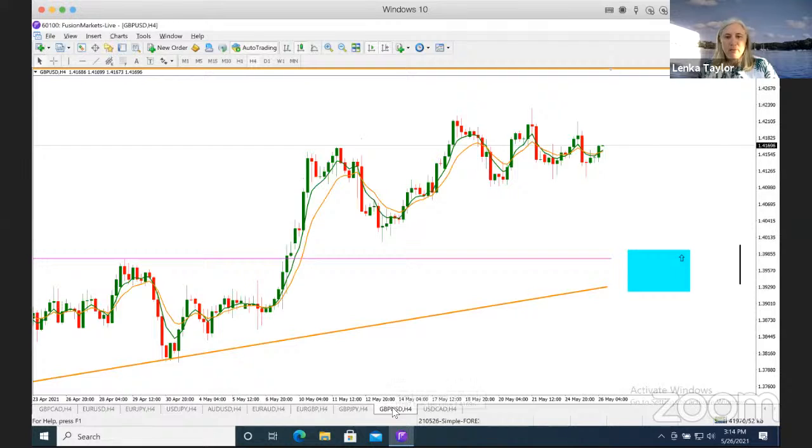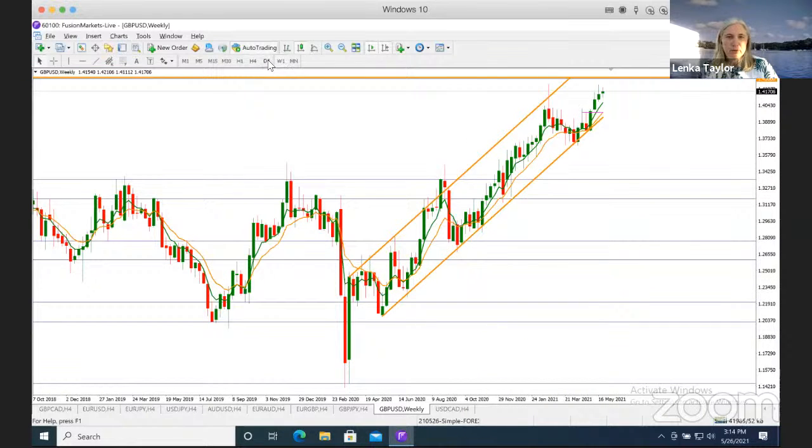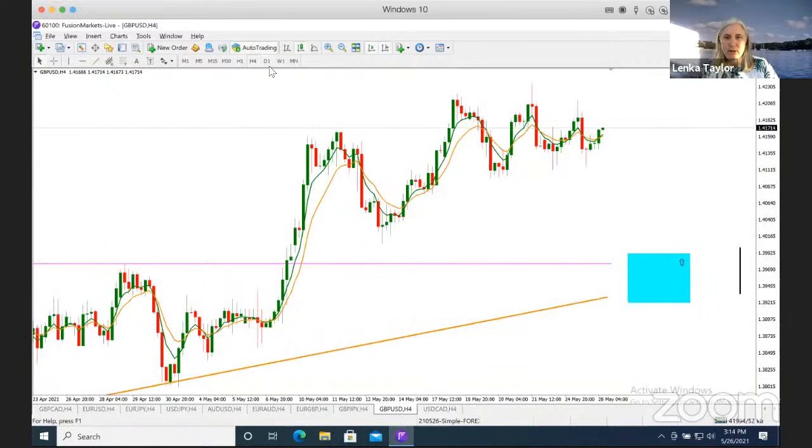Next currency pair I'm going to have a look at is GBP USD. In this currency pair, I'm looking for a long, again, very similar situation to the previous one, getting quite close to that basically profit target area for anyone that entered earlier.